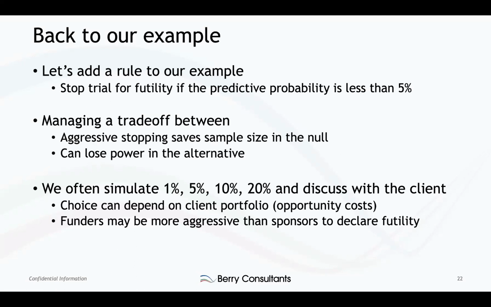This gets back to finding the net present value of the trial. Clients often have utility that depends on what kind of company they are. A big pharma may have lots of other drugs in the pipeline and be willing to move on to the next one. Someone for whom this is their only drug may find it more valuable to give it as much of a shot as they can.